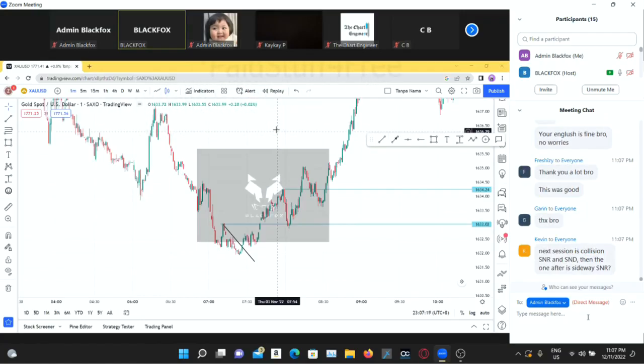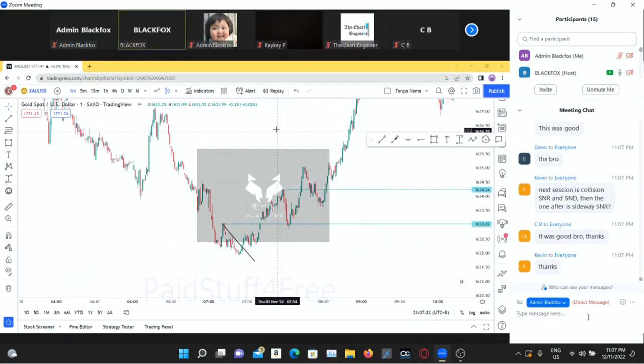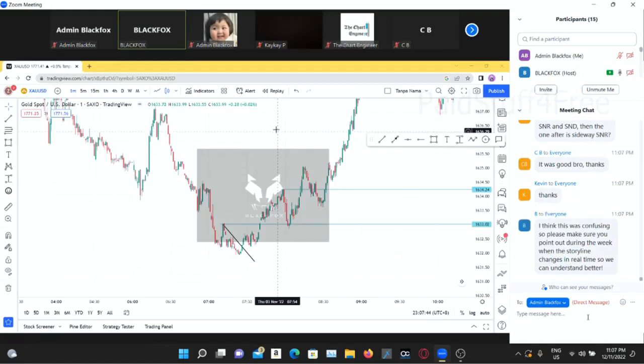Next session is collision SND and SNR. Then the one after is sideways SNR. And then for the last class, we will refresh again from market structure to sideways SNR. Our last day class. I think this was confusing, so please make sure you point out during the week when the storyline changes here.